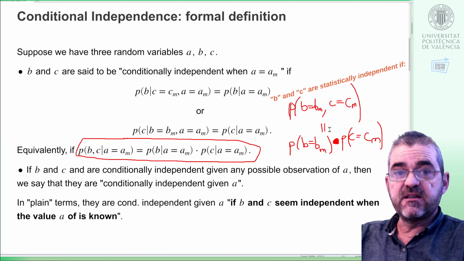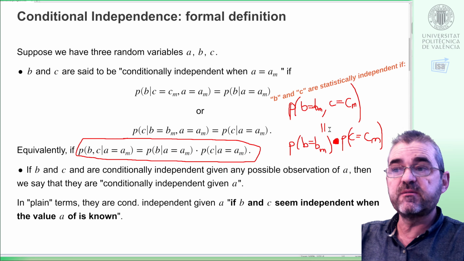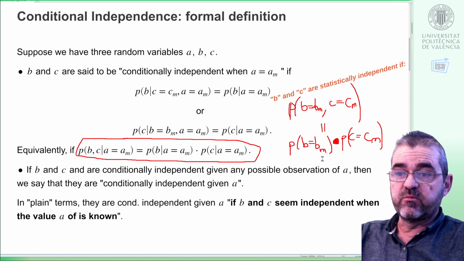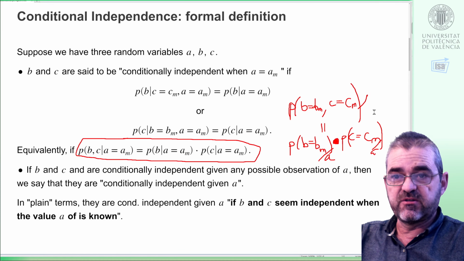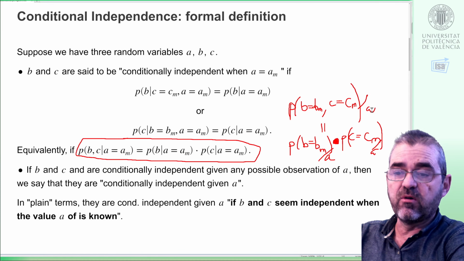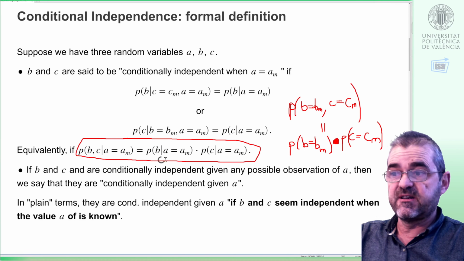What changes in order to define conditional independence? Well, we put the conditioning on A in all those expressions, so we get what we have here.